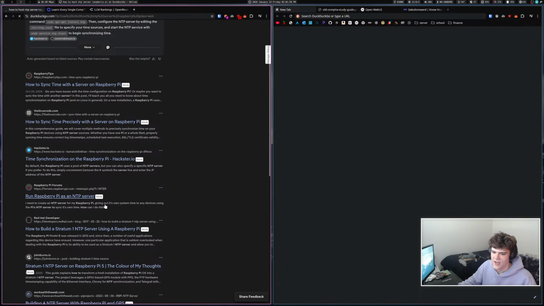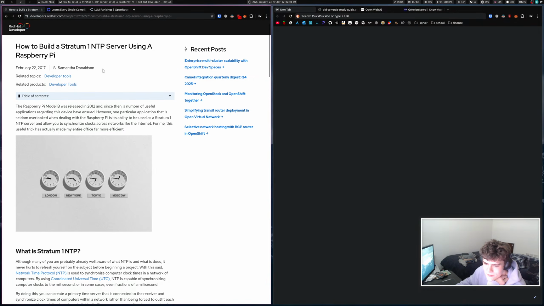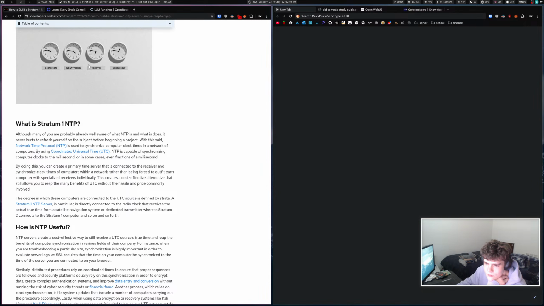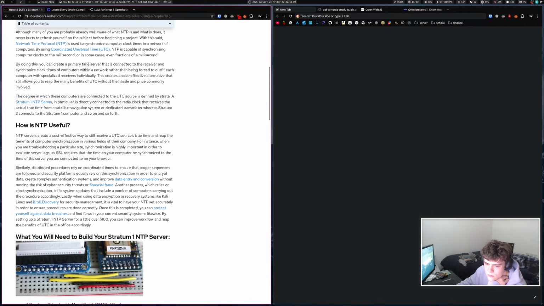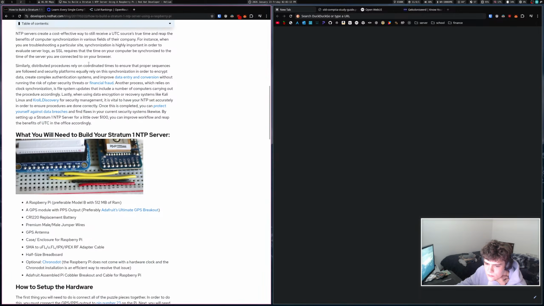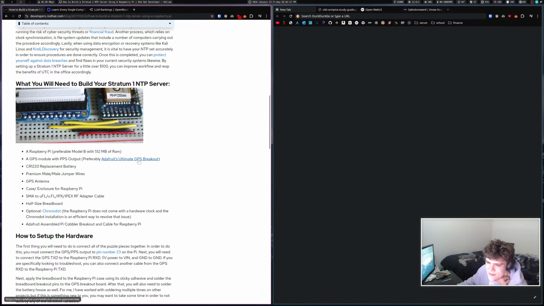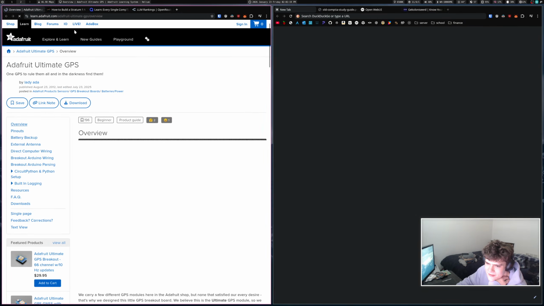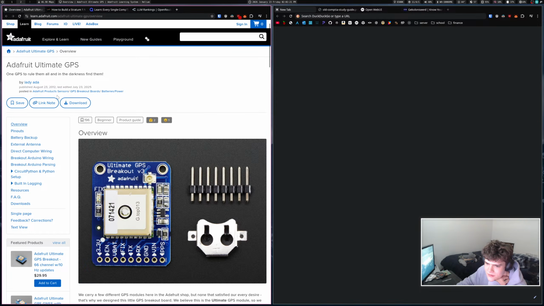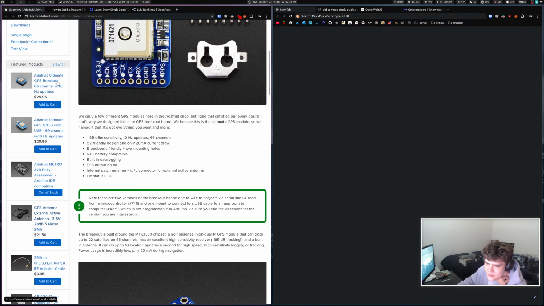Yeah, how to build a Stratum 1 NTP server. Yeah, GPS module. Ultimate GPS breakout. Is this expensive? Oh, it's like $30.